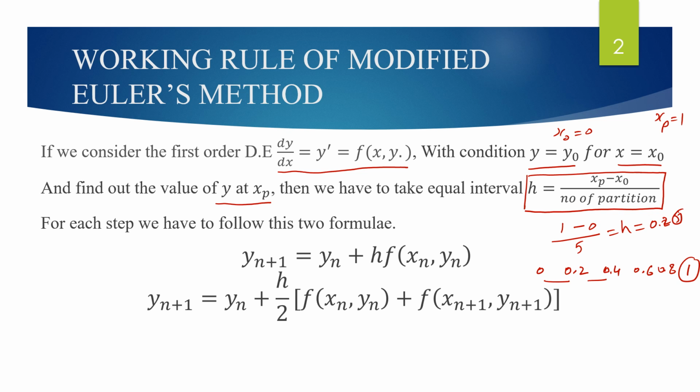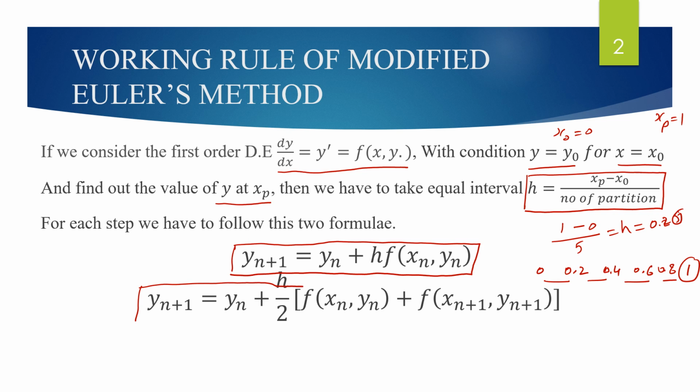So we have these steps to calculate. For calculating these, first we use the Euler formula: yn+1 = yn + h f(xn, yn). Then the modification part is yn+1 = yn + h/2 [f(xn, yn) + f(xn+1, yn+1)].